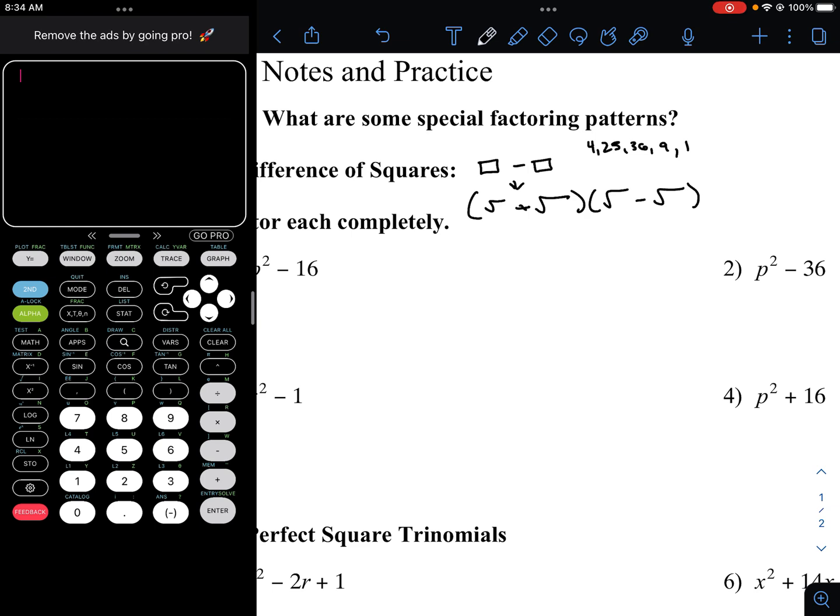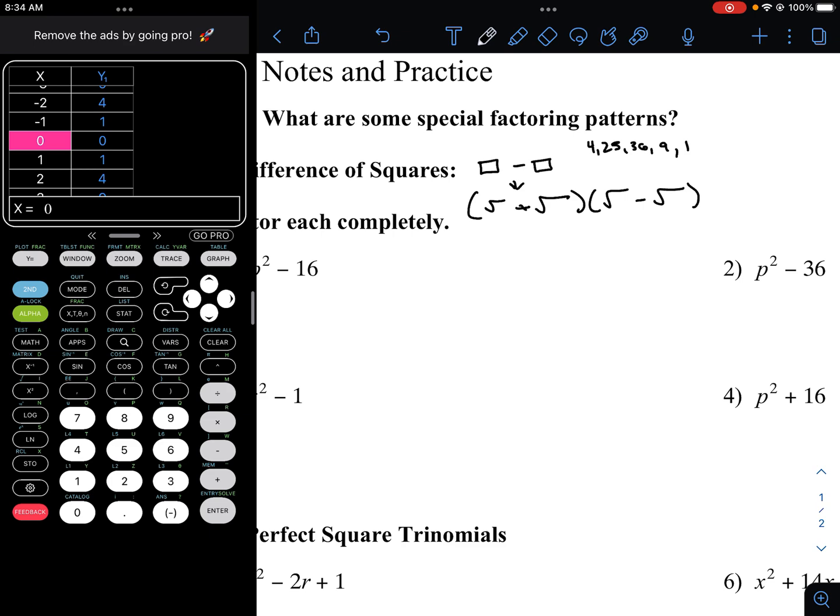So when we look at finding perfect squares, if you're not sure, in your calculator, if you go under graphing, y equals, and you do x squared, and you go to the table, these are all of the perfect squares of numbers. So 16, 25, 36. On the left are all of their square roots.